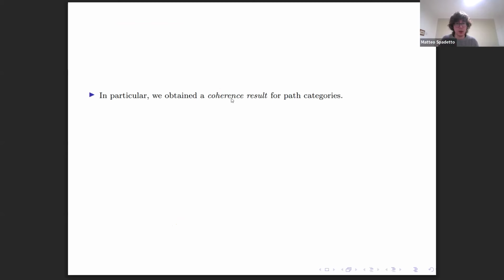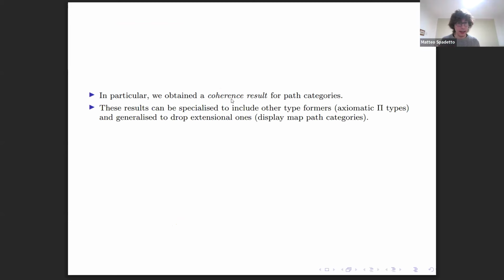So we obtain such a coherence result that LF cloven path categories are equivalent to strict path categories. We have such a coherence result, which is phrased in the homotopy theoretic formulation of the models of axiomatic identity types.